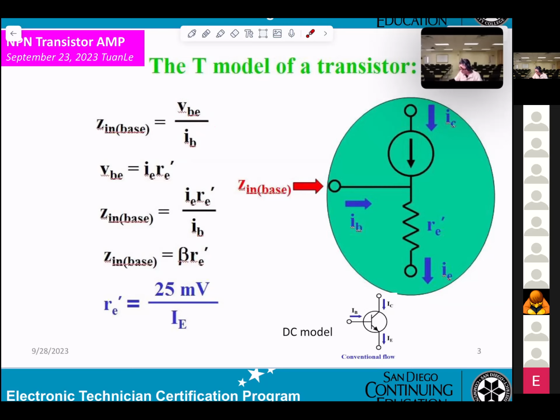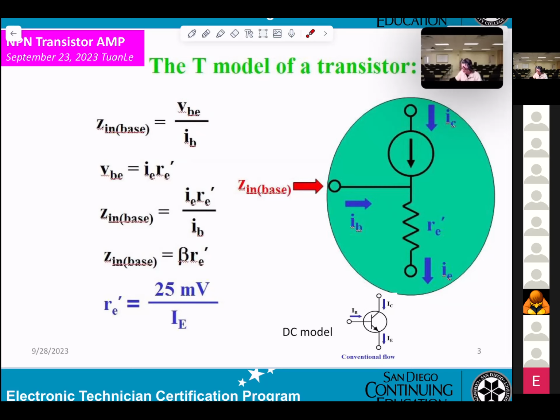Or VBE equals IE times r'e. The current flowing here is IE, and the resistor r'e.